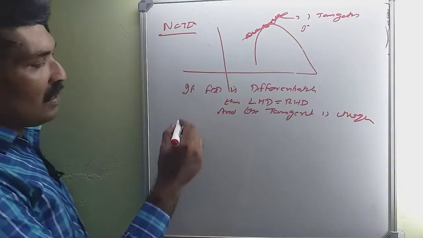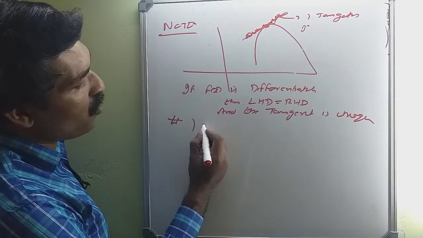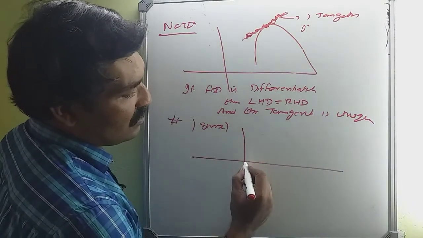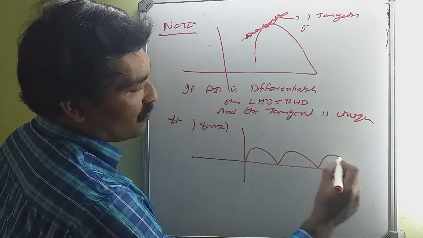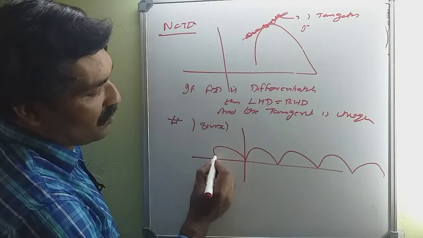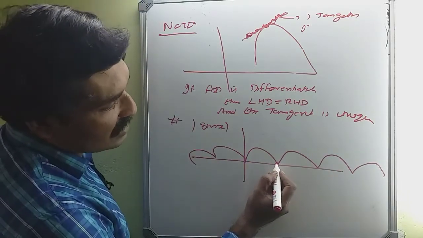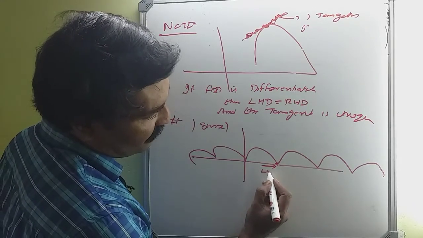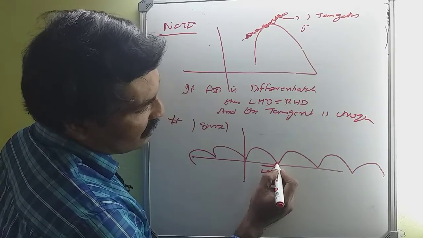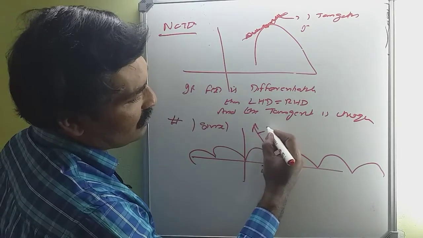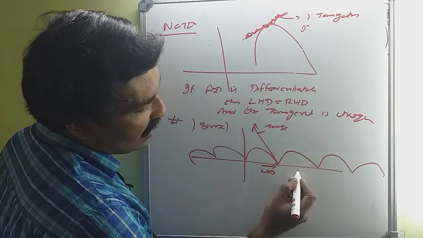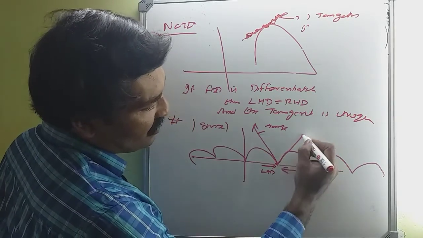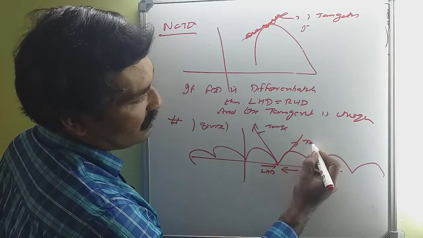Now consider the function mod sin x. What is mod sin x? At this point, approaching from the left hand side, the tangent is going like this. Then approaching from the right hand side, the tangent goes like this.